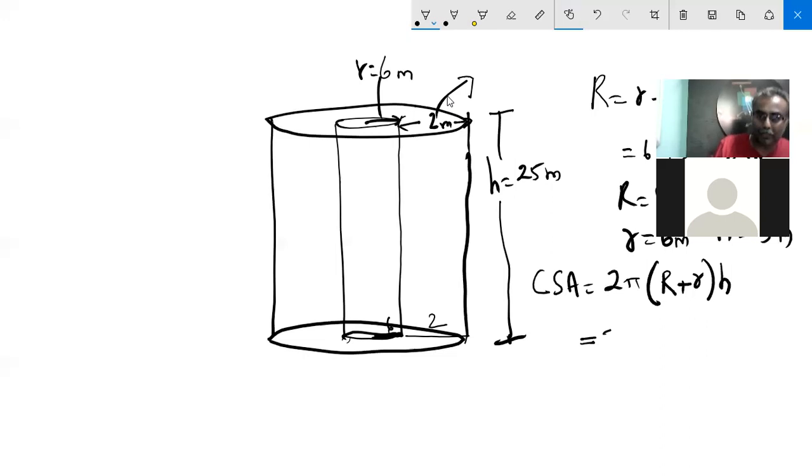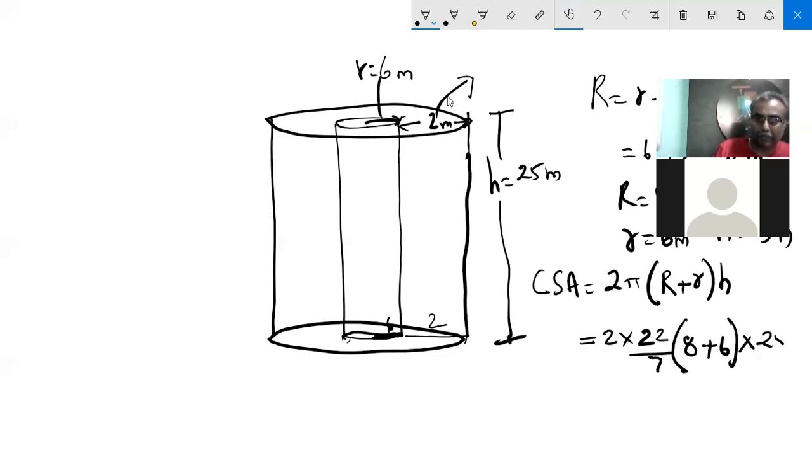How much is pi? 22 divided by 7. What is big R? 8 meters. What is small r? 6 meters. What is H? 25 meters.